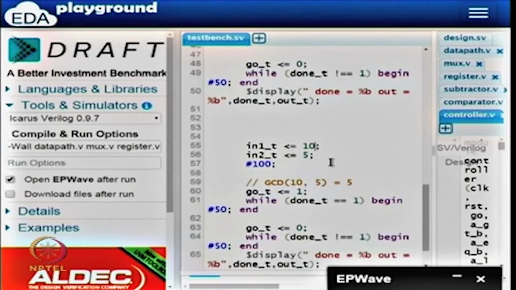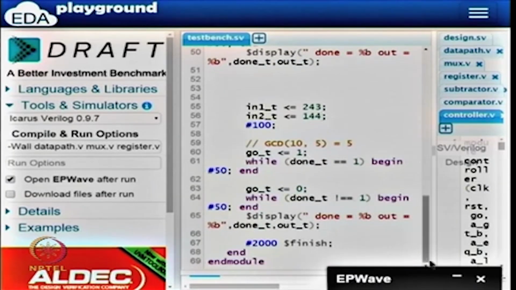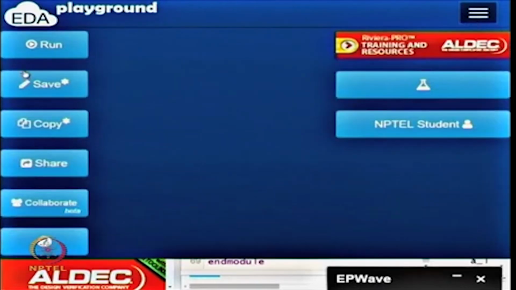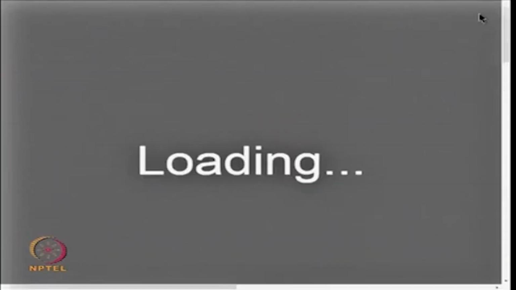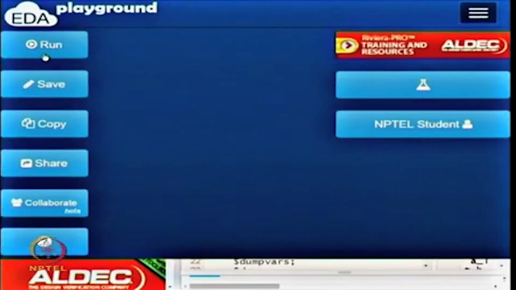So, let us say I am going to put 243 and 144. So, I am going to put some other numbers, 243 and 144. So, in this case I think they both are divisible by 3. So, let us see what the GCD is supposed to be. Then again I save it, run.